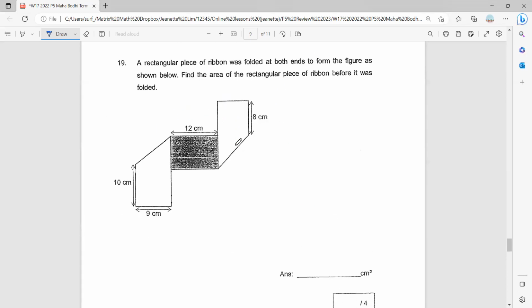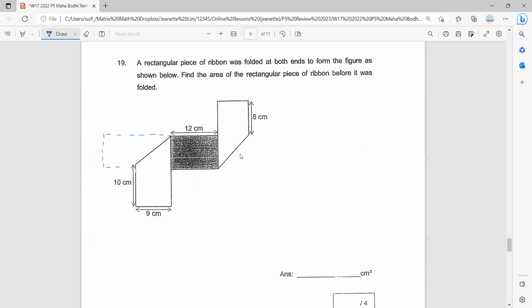Question 19. A rectangular piece of ribbon was folded at both ends to form the figure shown below. Find the area of the rectangular piece of ribbon before it was folded. Okay, before it's folded, let's draw what it looks like. So basically, you should get a rectangular piece of ribbon when it's unfolded.